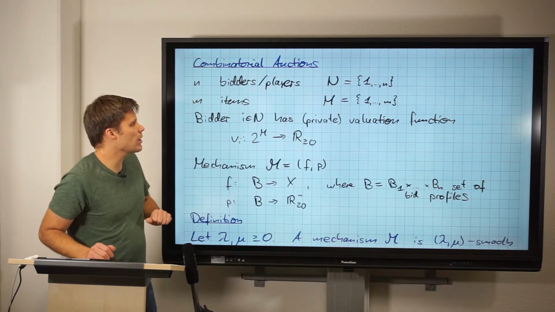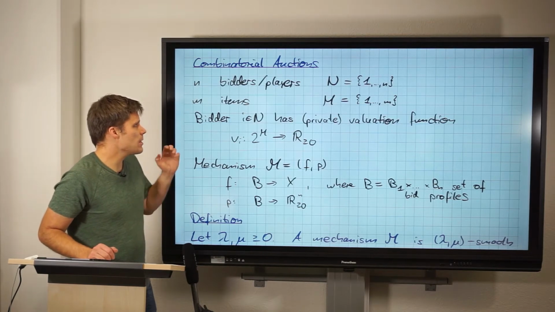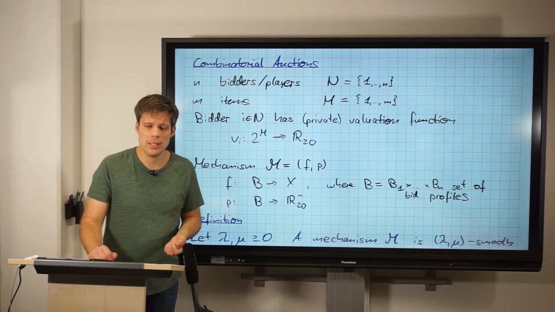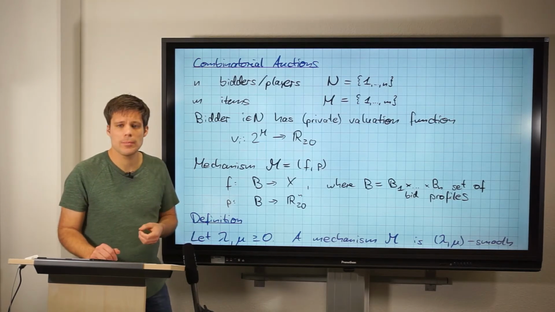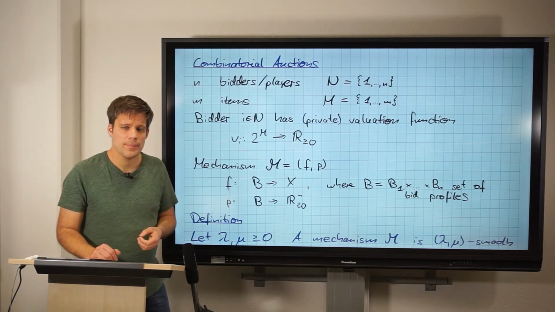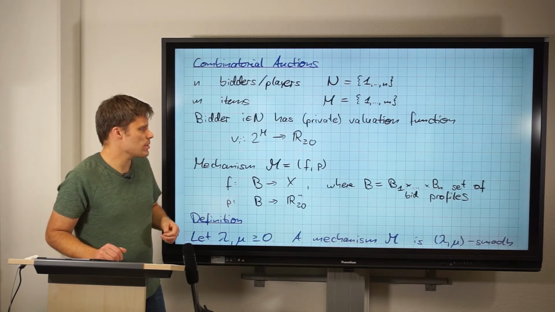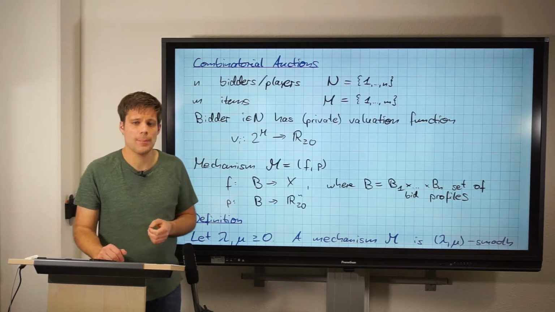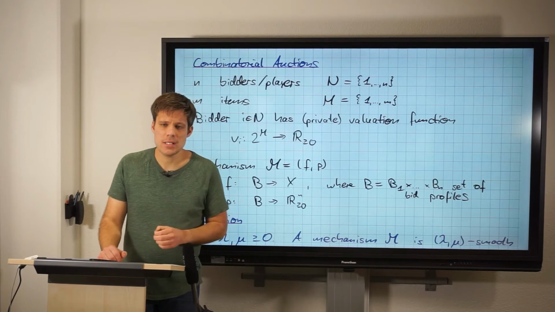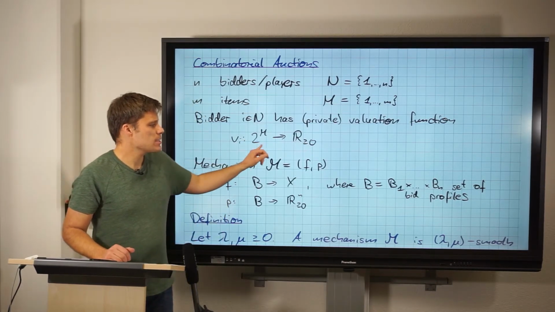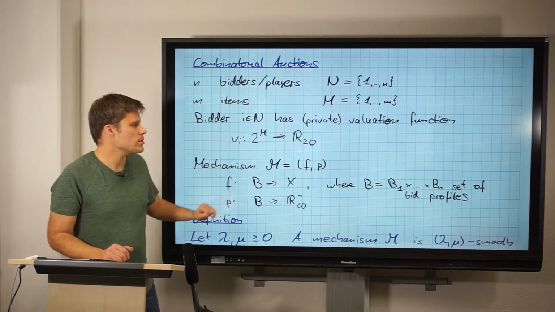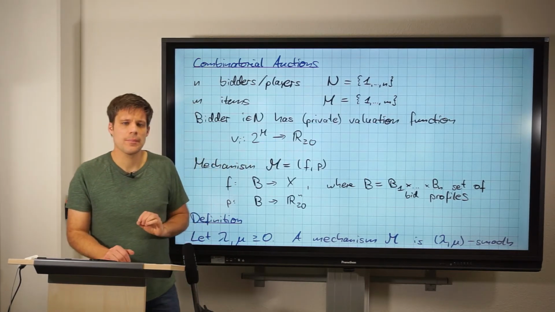So we are considering combinatorial auctions, which means we have n bidders or players, which we'll call capital N, numbered 1 through n. And we have m items, capital M, 1 through m. Each of the bidders now has a private valuation function which maps subsets of the items to non-negative reals.